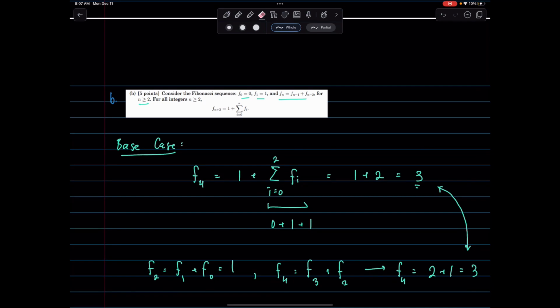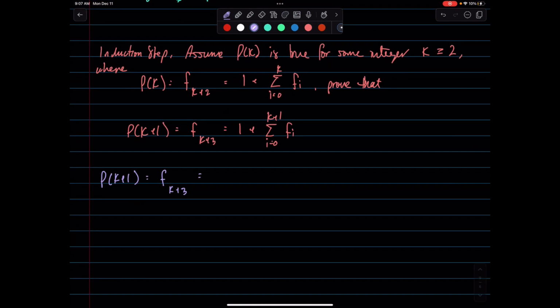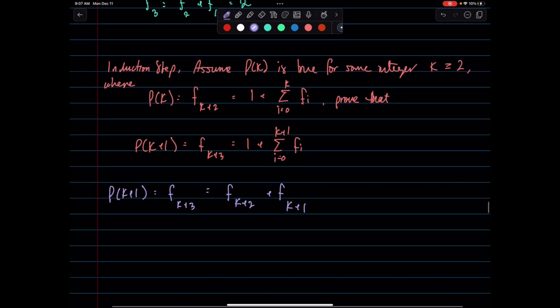We need to prove this using the given equation, which says that f of k plus 3 is equal to f of k plus 2 plus f of k plus 1. And in our inductive hypothesis, we said assume this is true for some k greater than or equal to 2.